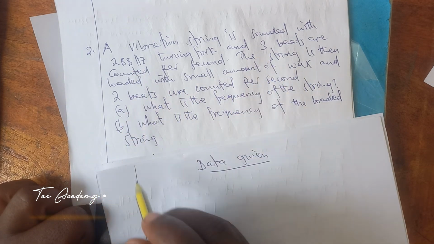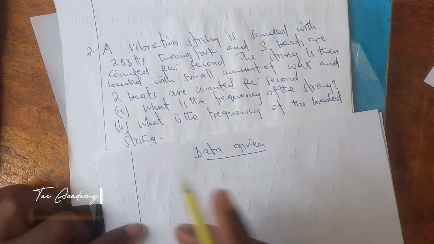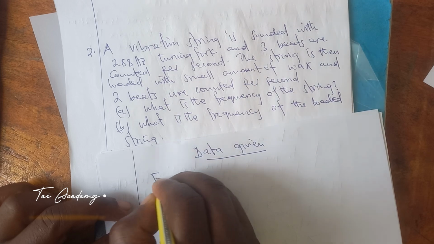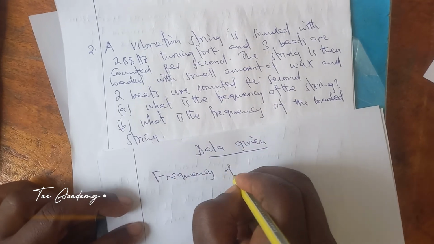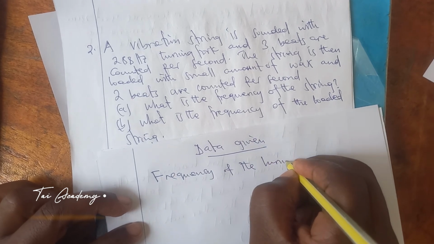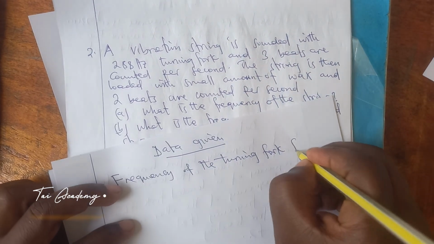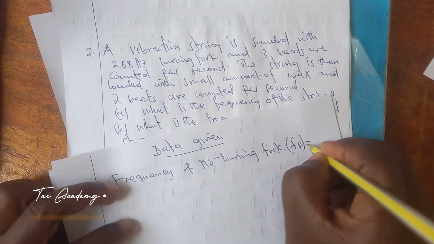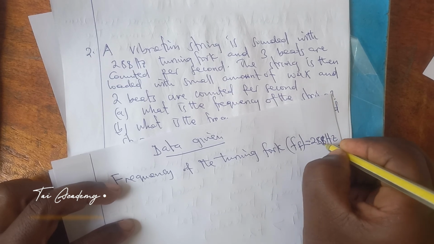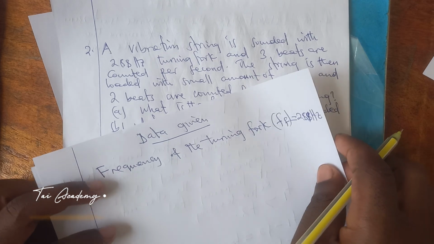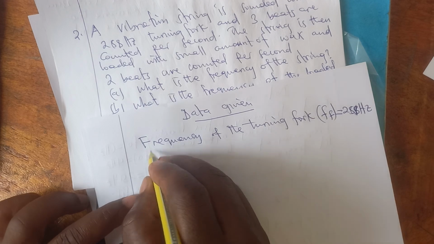Now, this is the frequency of the turning fork. Frequency of the fork equals 288 Hz.